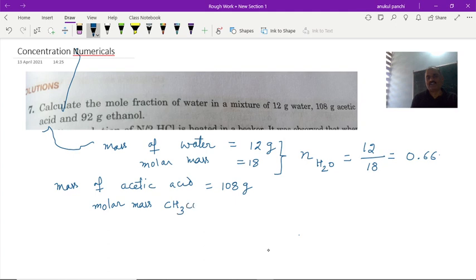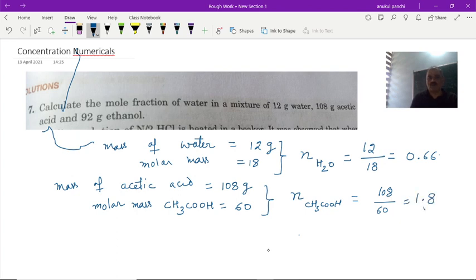The molecular formula of acetic acid is CH3COOH, mass of carbon 12, H 1, O 16, and it comes out to be 60. And the number of moles of acetic acid will be equal to 108 divided by 60. It is around 1.8 something.